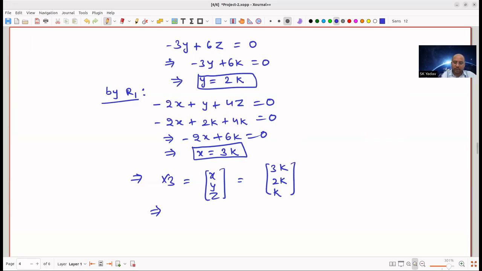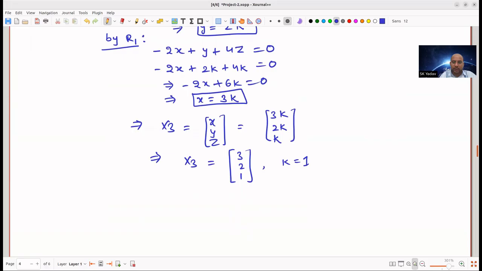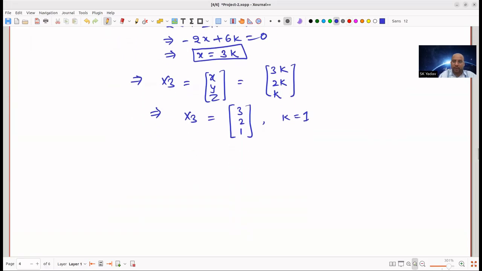And this means x3 is now 3, 2, 1 for k equal to 1. So we got eigenvalues and eigenvectors for a given matrix which is upper triangular. Similarly, we can find the eigenvalue and eigenvector for any kind of matrix. Let us take one more example here. So example number 2 I will take here.